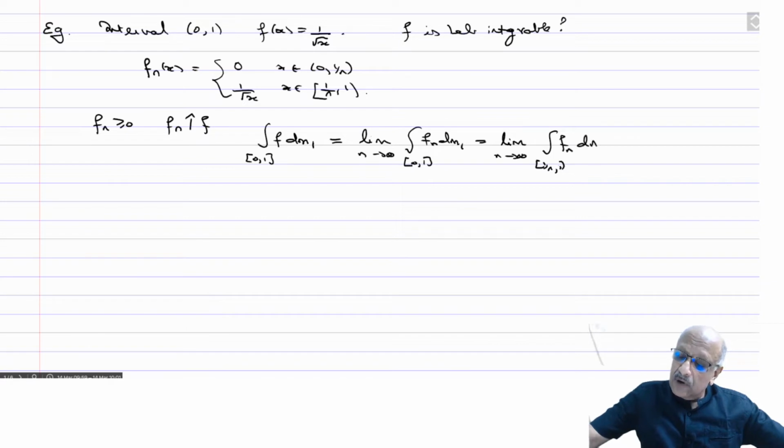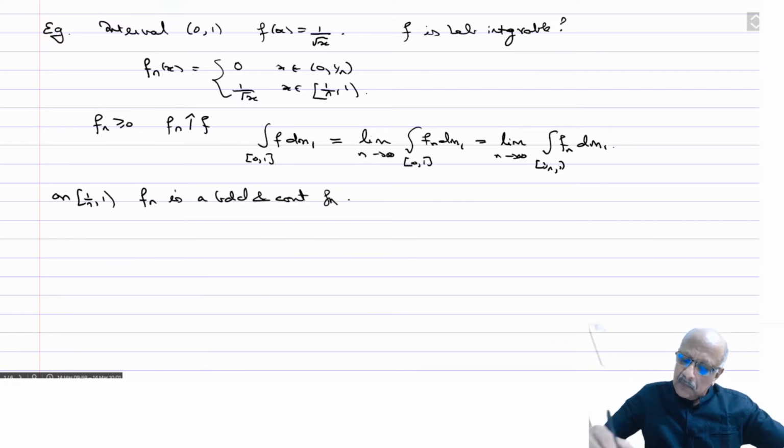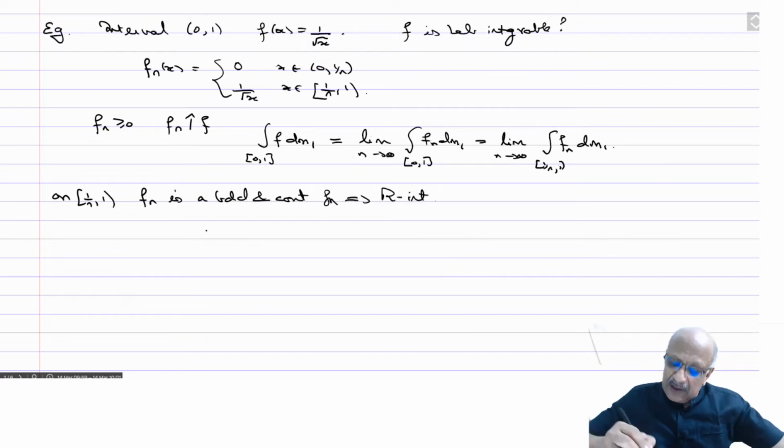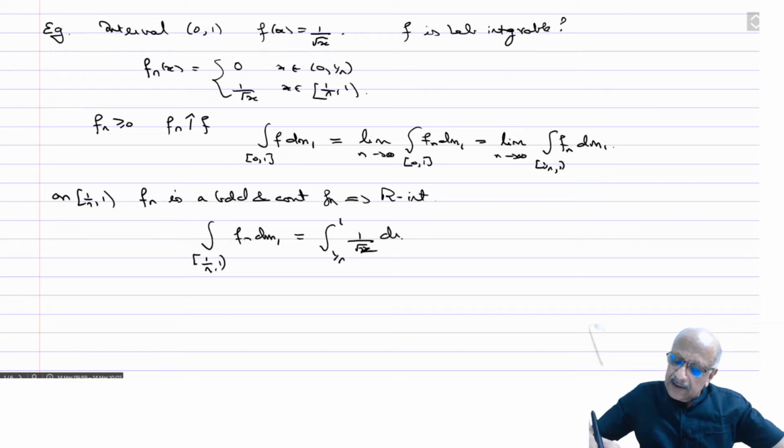But f_n on [1/n, 1] is a bounded and continuous function, which implies it's Riemann integrable. Therefore, its Lebesgue integral is the same as the Riemann integral. So the integral over [1/n, 1] of f_n dm1 is nothing but the integral from 1/n to 1 of 1 by root x dx.